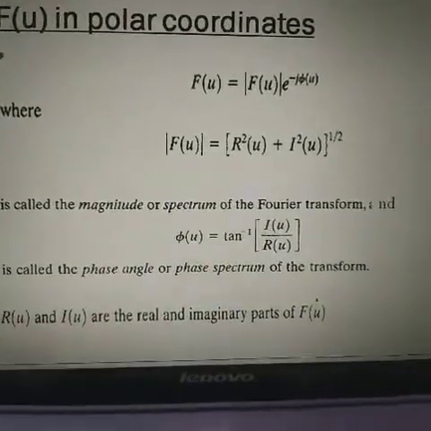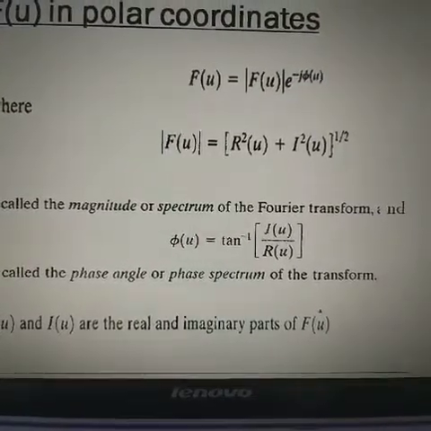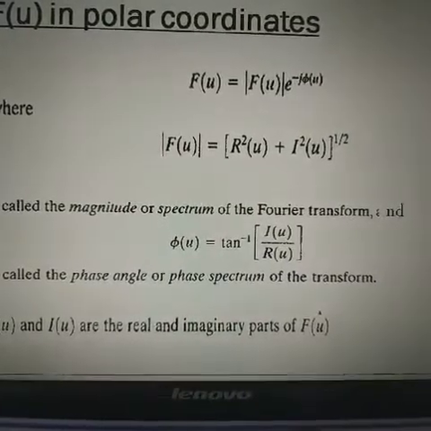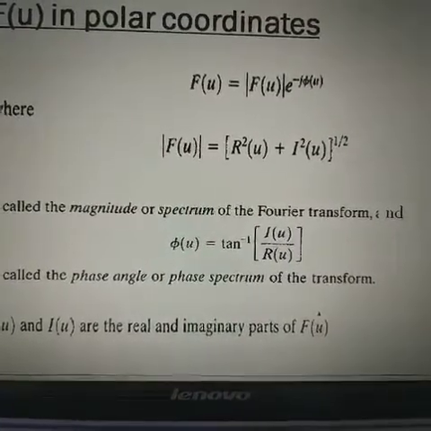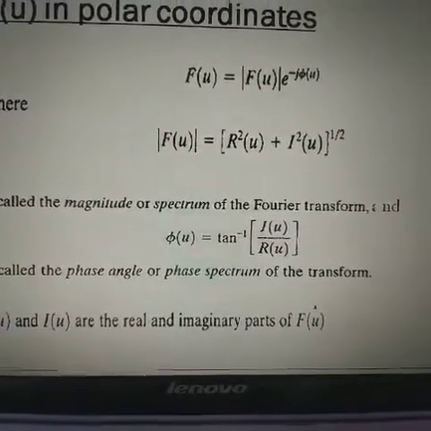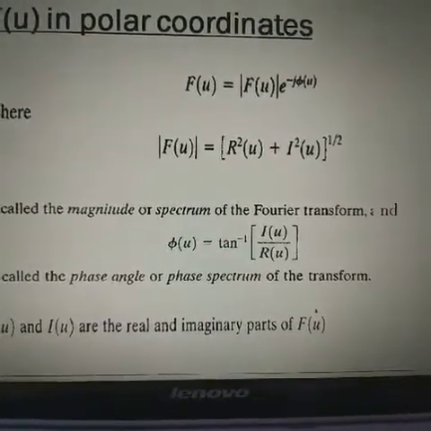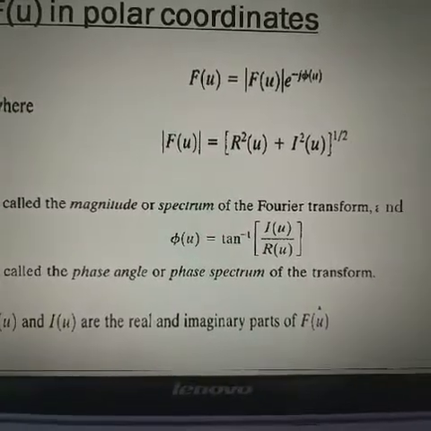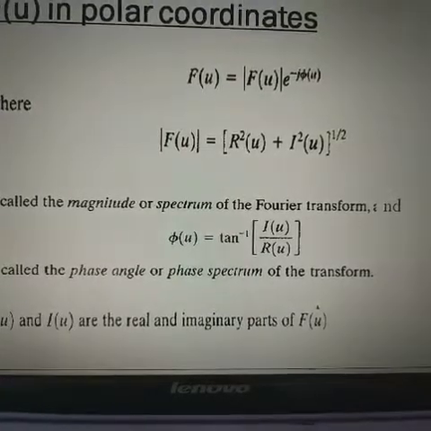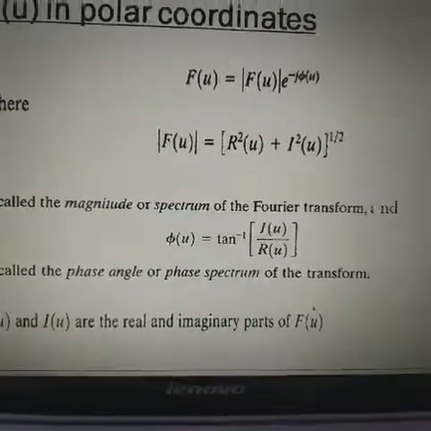This is the equation for getting the polar coordinates: F(u) equals the magnitude of F(u) into e power minus j phi(u). The magnitude is the real part squared plus the imaginary part squared, whole under root, as we do in mathematical form. And phi(u) is the phase spectrum, whose value is tan inverse of the imaginary part of u divided by the real part. So R and I are the real and imaginary parts of F(u).